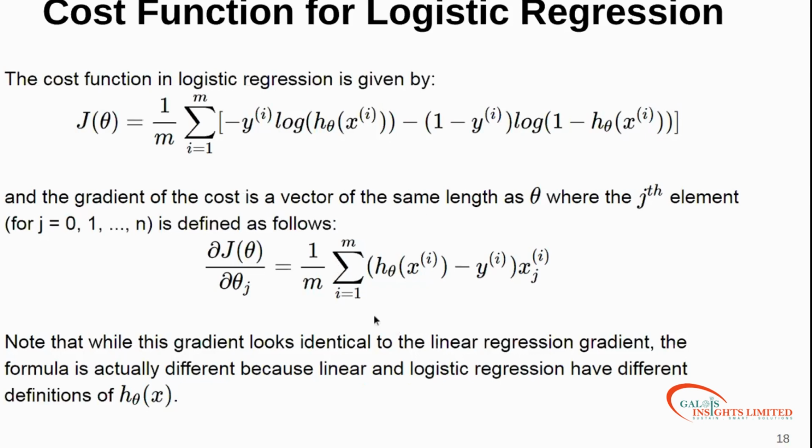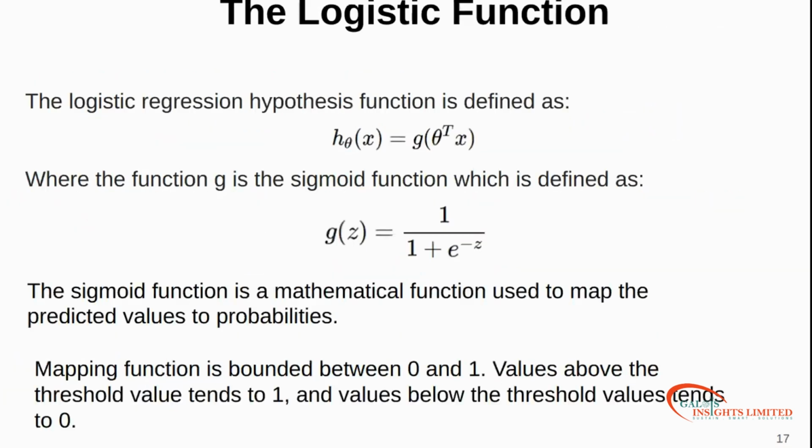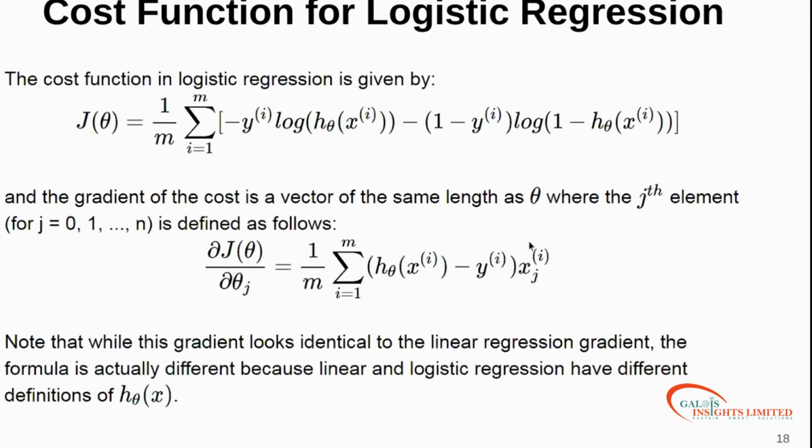We realize that this gradient looks the same as the linear regression gradient, so the formula can be the same. But the hypothesis functions are actually different, so even though they can be similar, the method of computation is different.